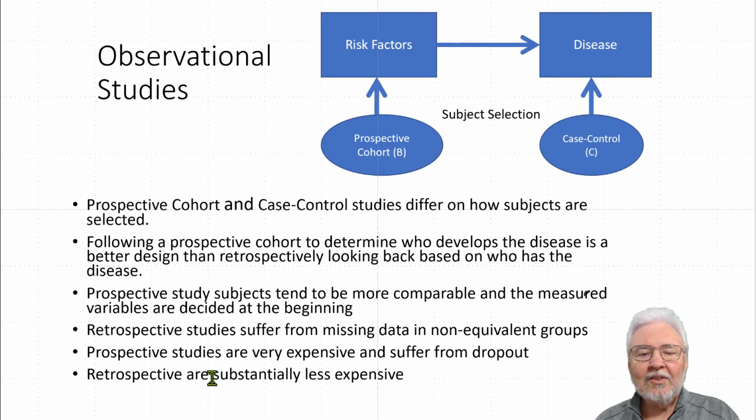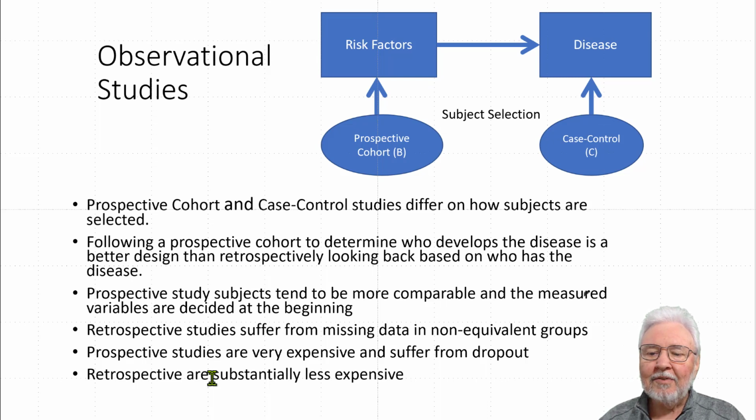Now, when we talk about designs, we're going to talk about observational studies sometimes. Now, here we kind of cross over from the discussion on bias and control. Observational studies are notorious for their bias, and I want to just talk about two kinds.